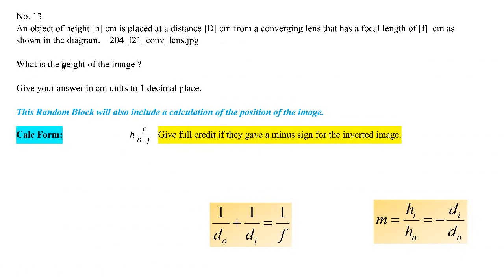I should have put that. But since I didn't, for those of you who used this formula and got a negative, you will get full credit. I told the grader, that's where my highlight is, to give full credit if they gave a minus sign for the inverted image. All right.